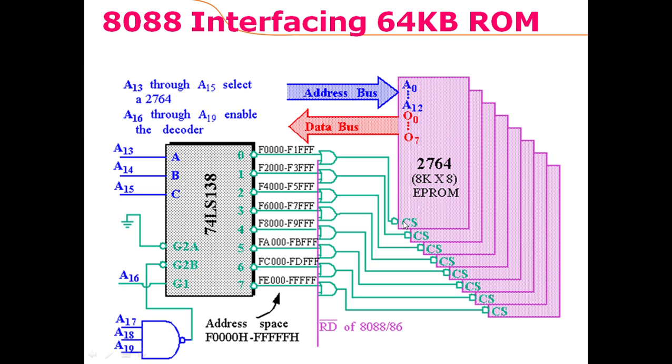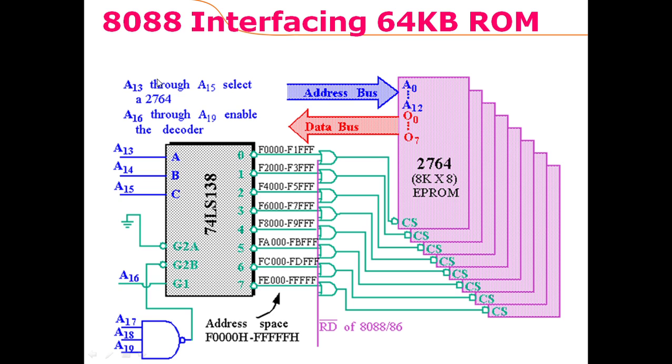But the select line would choose one chip among these 8 chips at a time, and this is done through a 74LS138 decoder. This decoder is a 3 to 8 line decoder, and it has 3 enable lines. G2A and G2B should be 0 to enable it, while G1 should be 1. So out of the 20-bit address coming from the microprocessor, the 13 bits from A0 till A12 are connected to the address pins of these chips.